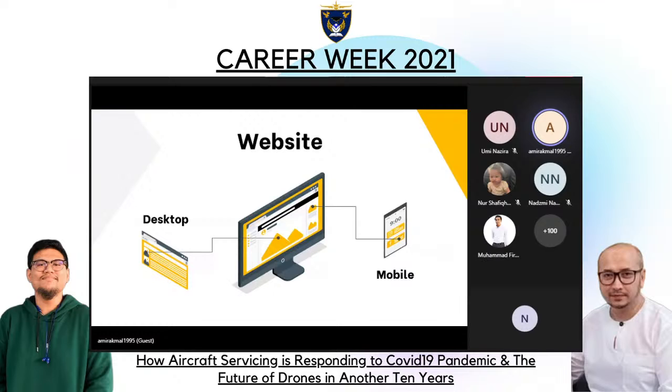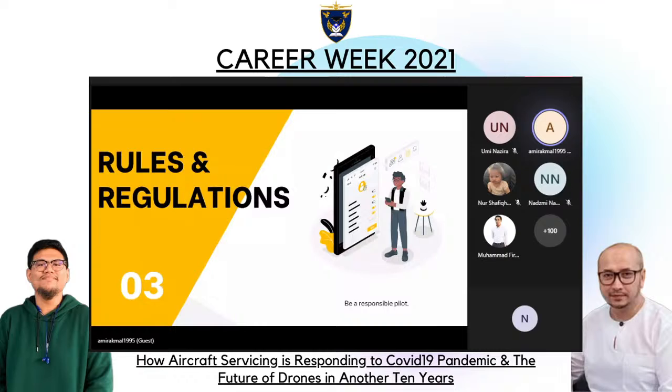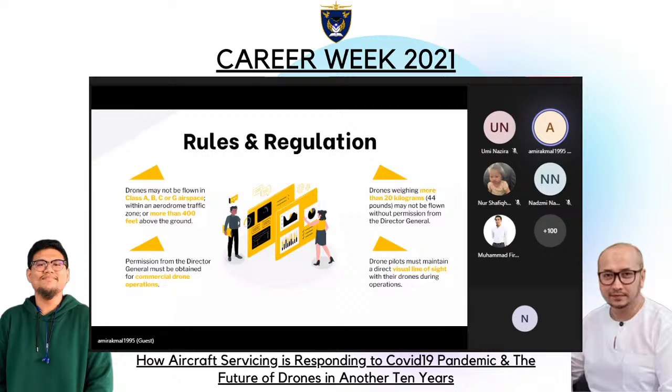So this is a little bit of the regulation under the CAAM. First, we cannot fly in Class A, B, C or J airspace. We cannot fly above 500 feet, or somewhere else. And the permit in Malaysia is only required for someone who has a drone of more than 20 kg.